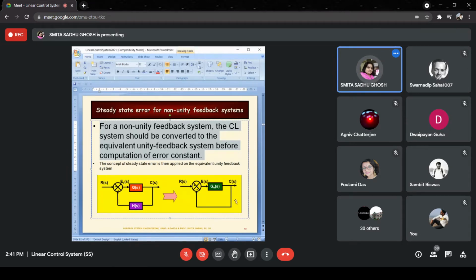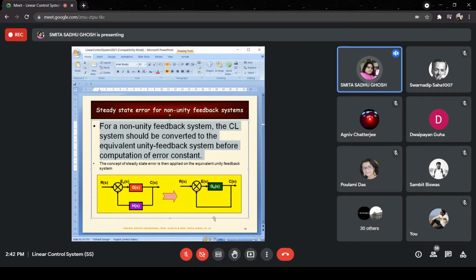Meaning that then, if we have this system, this is a unity feedback system, and here now we are able to access the error. E(s) is now accessible. Accessible means that we know that E(s) is equal to R(s) by 1 plus G_e(s). So basically from there, when a step input is applied, when a ramp input is applied, when a parabolic input is applied, the steady state errors as well as error constants can be calculated, and you can actually find out those values as well.